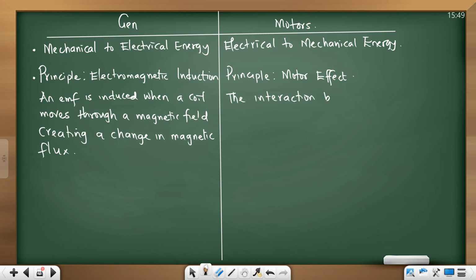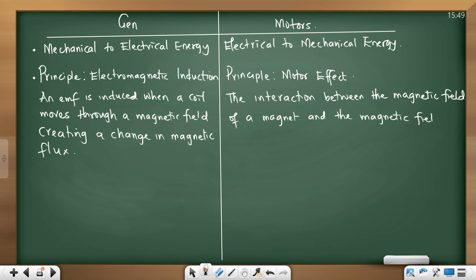The interaction between the magnetic field of a magnet and the magnetic field of a conductor carrying current creates a rotation or a movement.